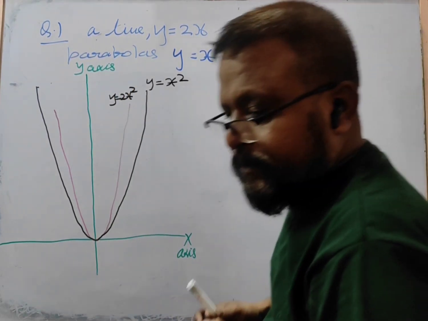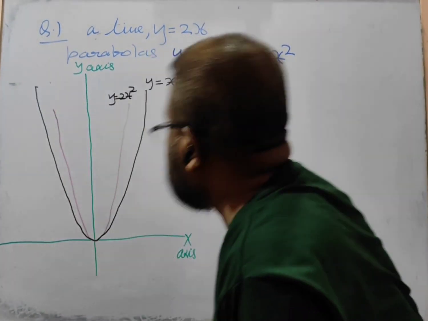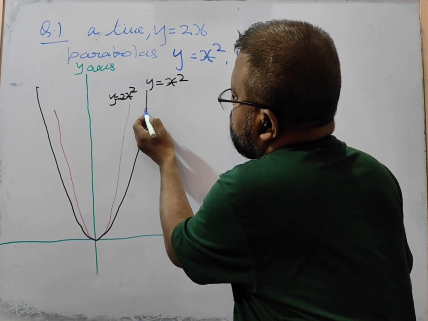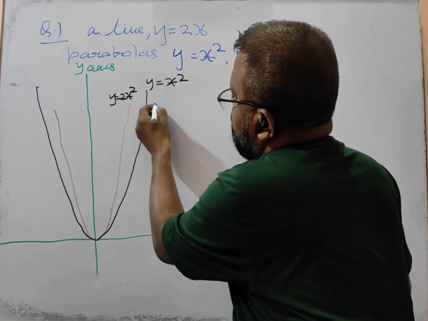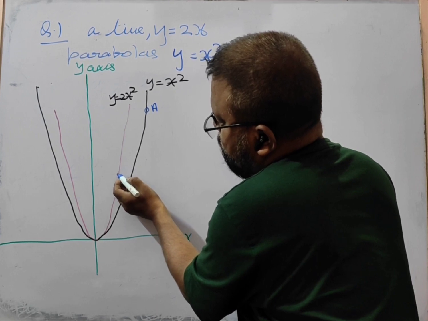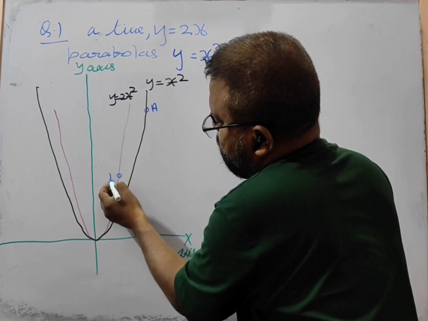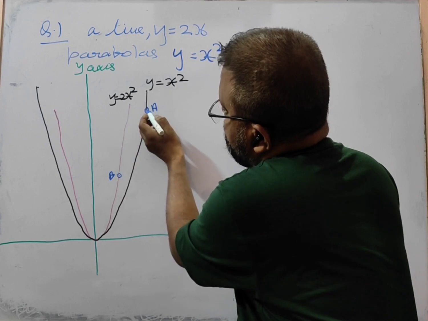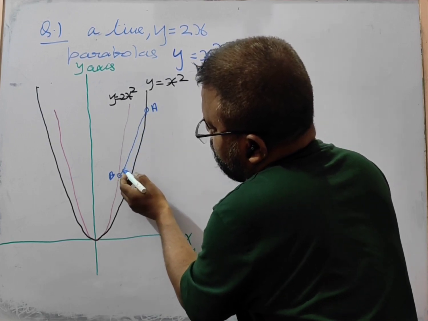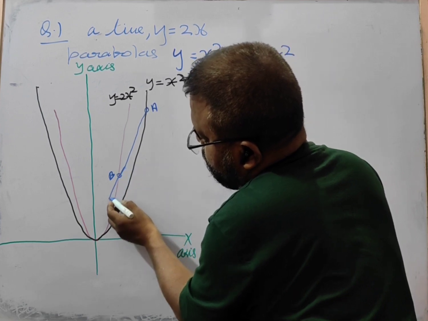And there is a line intersecting. This is the line which has point A, and this is point B. It is passing through the origin also.